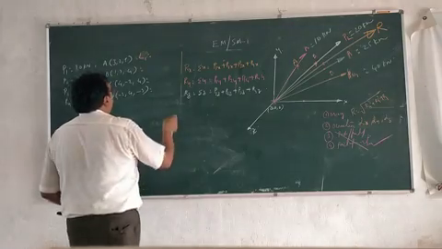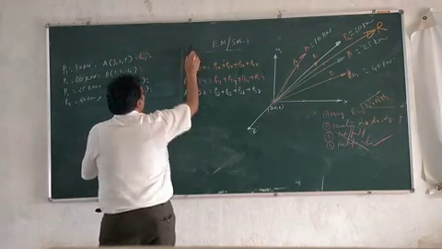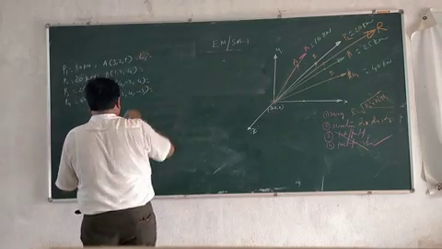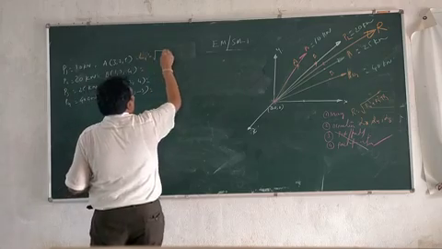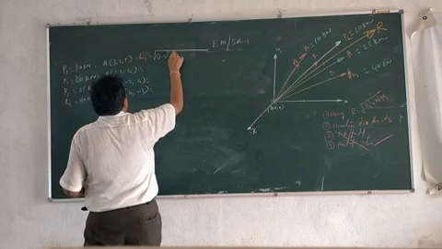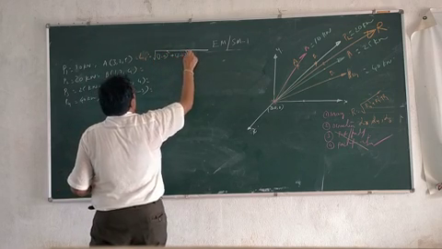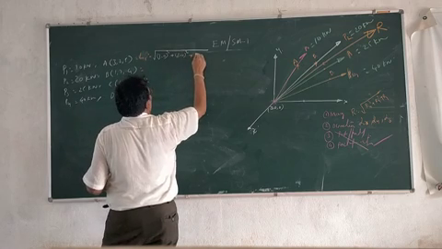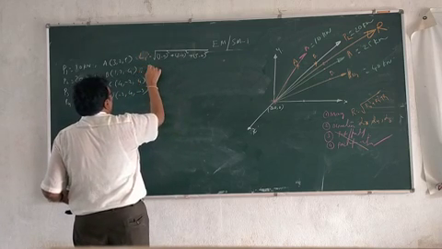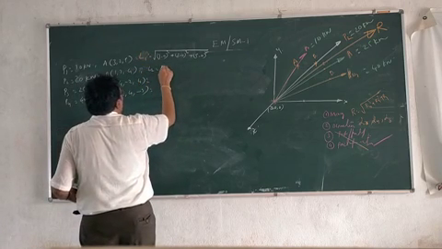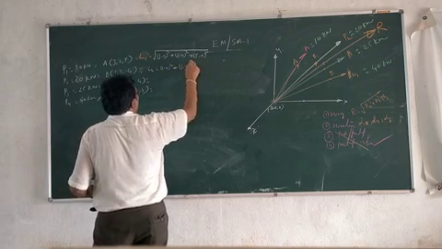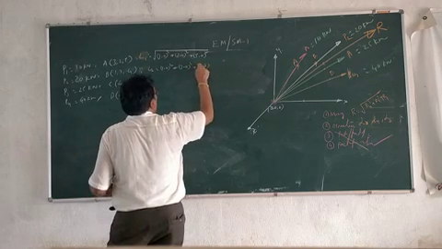L1 is root of (3 minus 0) whole square plus (2 minus 0) whole square plus (5 minus 0) whole square. Next, L2 is root of (1 minus 0) whole square plus (7 minus 0) whole square plus (4 minus 0) whole square.